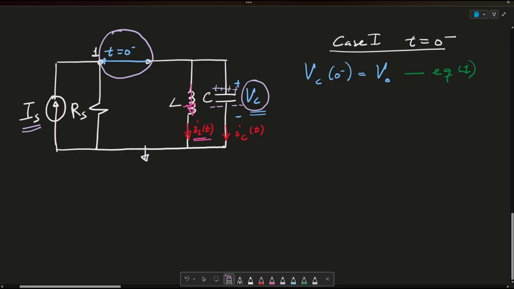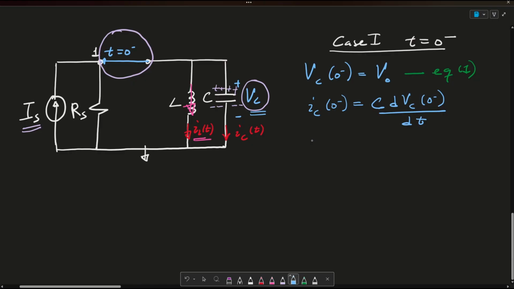So now the second parameter we care about is the current through the capacitor, where I'm going to call this IC of 0 minus. And we know that the current through a capacitor, from a video I've made in the past called What is a Capacitor Clearly Explained, and I'll post that in the top right hand side corner of this video, is going to be my capacitance times the derivative of my voltage VC at 0 minus over dt.